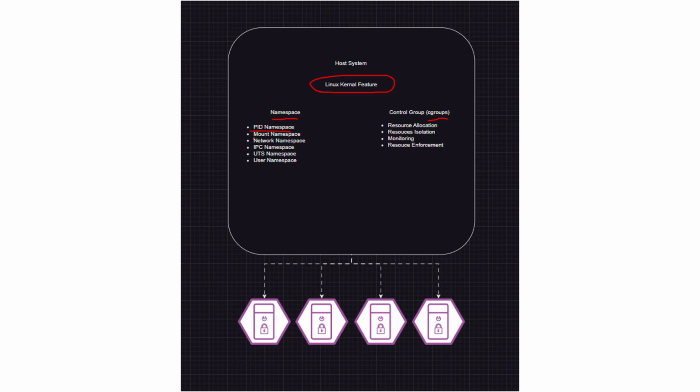This allows processes inside a namespace to have a unique set of process IDs, which is PID, making them unaware of the processes outside the namespace. So PID namespaces are the basis of process isolation in terms of containers. That kind of process isolation is provided by your kernel feature called namespace.